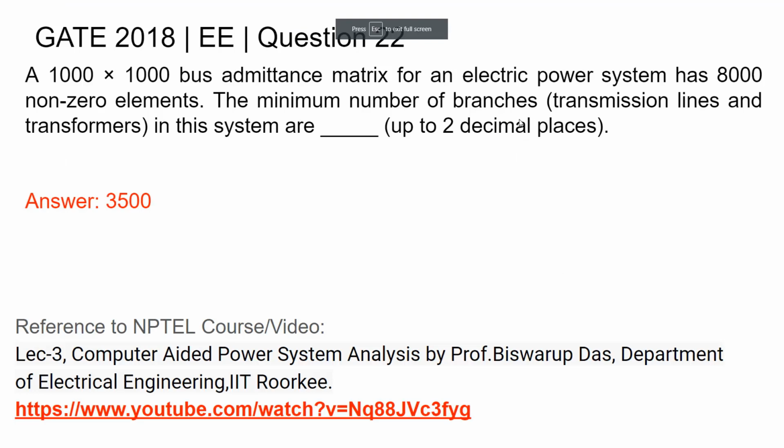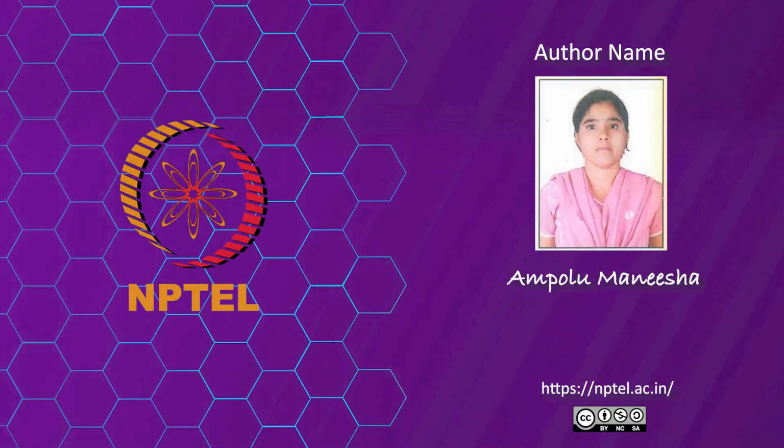So the minimum number of branches in this power system is 3,500. Thank you.